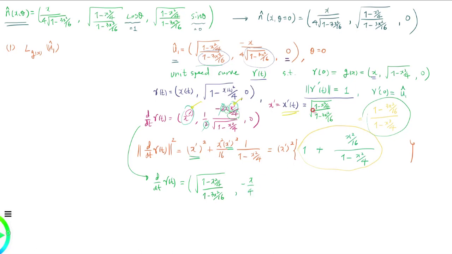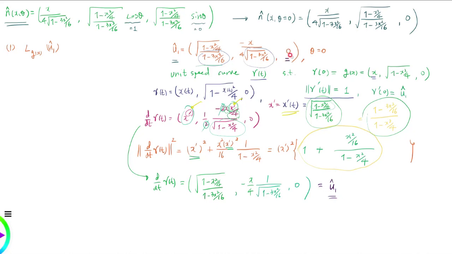And we plug in this square root value to the x prime, and the square root of 1 minus x squared over 4 cancels out, and what's left is 1 over square root of 1 minus 3x squared over 16, comma 0. This is the same as the first basis vector of the tangent plane on this generating curve. This is nothing but the u1.